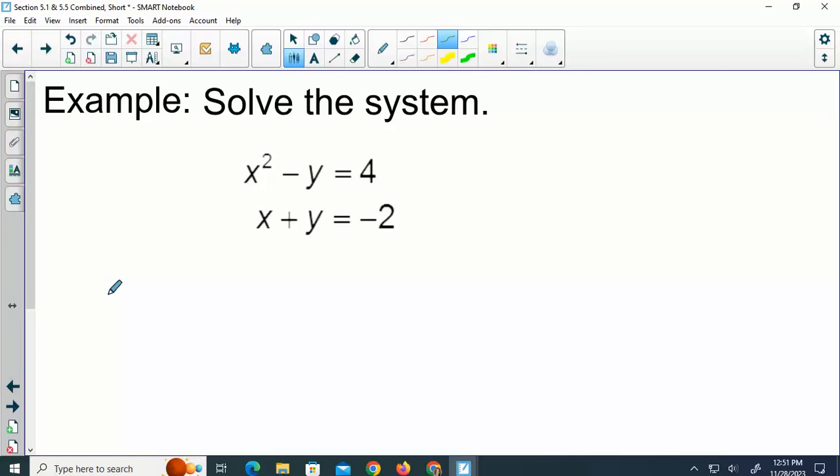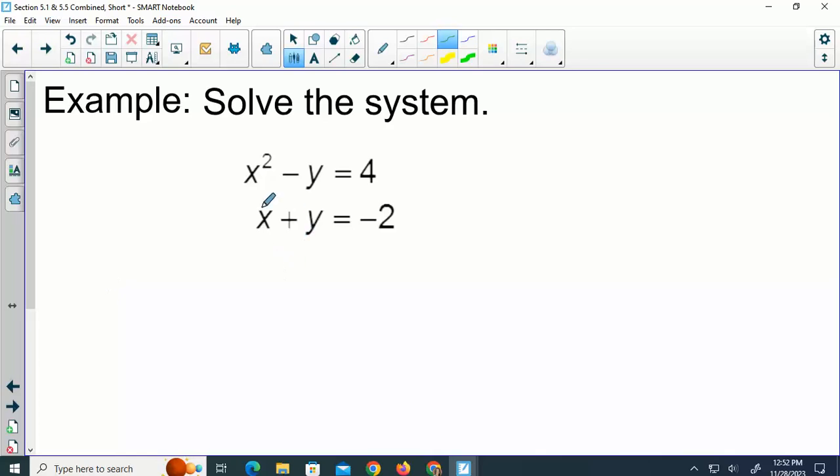What's kind of the odd man out, the one that really doesn't fit in? The x squared is the square. What does that do to our problem? What kind of graph is it if it has an x squared? A parabola. So we know because of that x squared, we are probably going to get multiple intersection points.